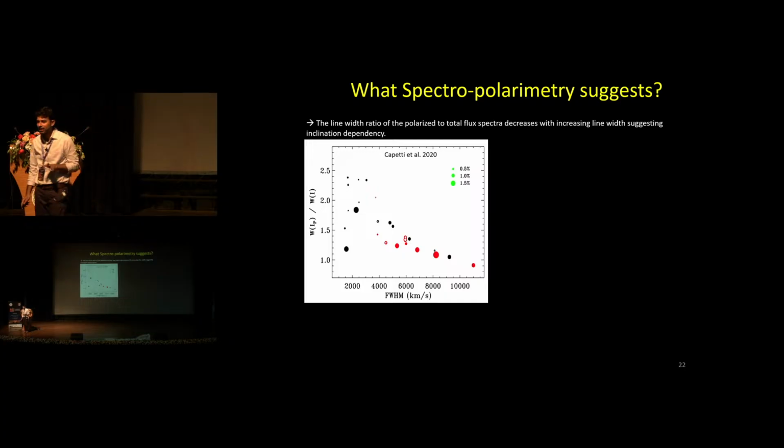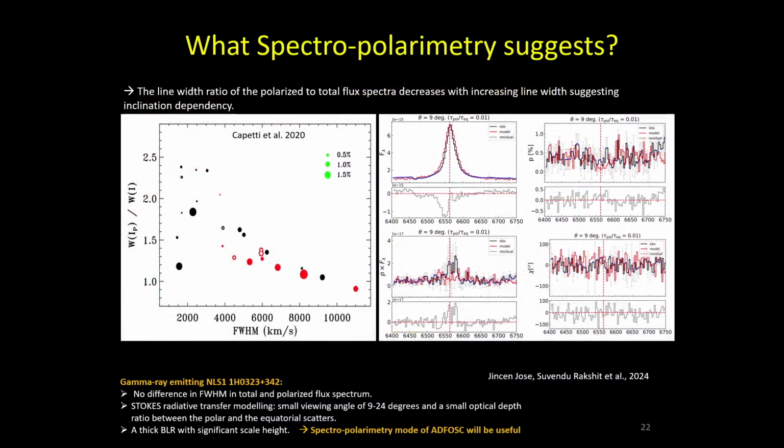So this suggests that you have a strong dependency on the inclination angle. But look at some of the objects here, these are narrow line Seyfert 1 type objects, and they are showing a relatively different view. To probe that further, we used the MMT SPOL instrument at the 6.5 meter MMT telescope for spectropolarimetry.